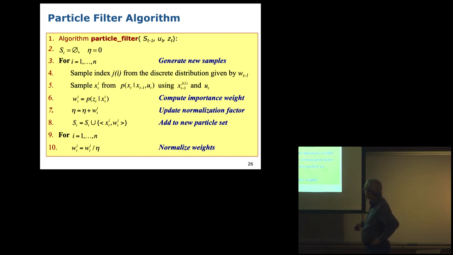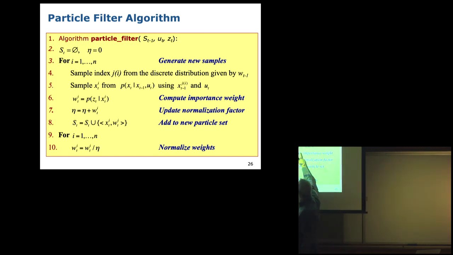So the very first step is that we perform this resampling operation. We sample from the current set of weighted particles a number, which is the index of a particle, and we draw that particle with a probability that is proportional to that importance weight, meaning particles with higher weights are drawn more often than others. Right? This is this index j that we calculate.